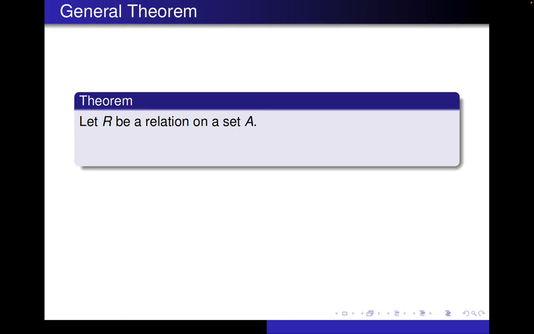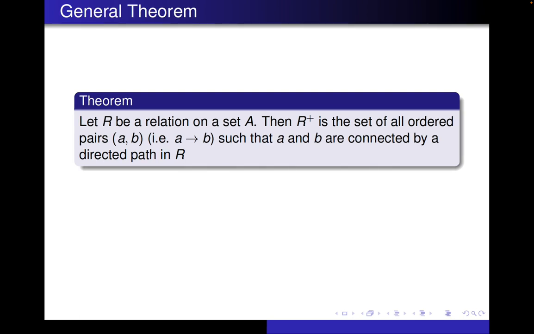So if R is a relation on the set A, then the transitive closure R plus is the set of all ordered pairs (a, b), and again, when I have an ordered pair (a, b), that's the same as a pointing to b, such that a and b are connected by a directed path in R. And all I mean by a directed path in R is a path going from a to b where you travel the correct way along arrows. So here's what it's going to look like.